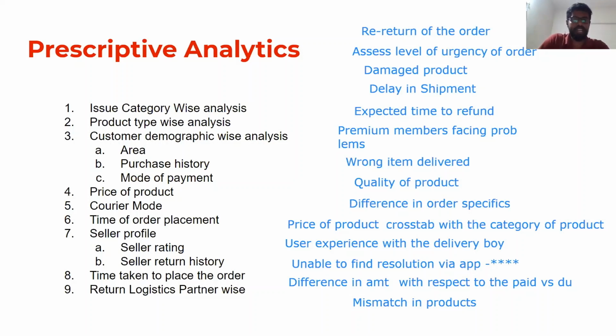Product type would basically mean whether it is an electronic product, accessory, or fashion based product, and whether in electronics it is a mobile phone, laptop, tab, keyboard, appliances, and so on and so forth. Is there a certain product which has a high contact rate, high return rate, and is there a rule which you can implement over there, right?